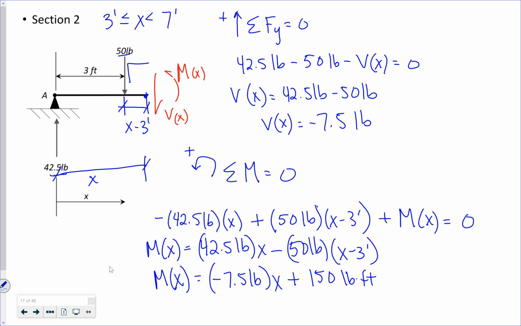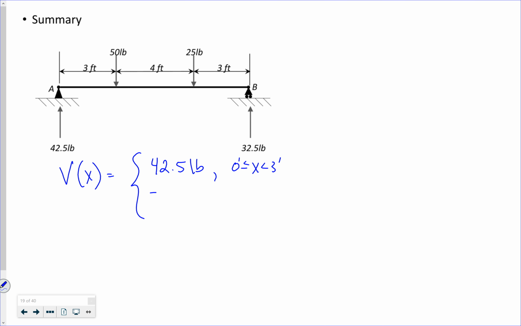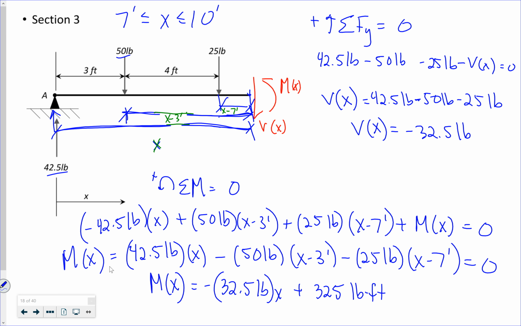From 3 to 7, it's negative 7.5 pounds. From 7 to 10, negative 32.5.